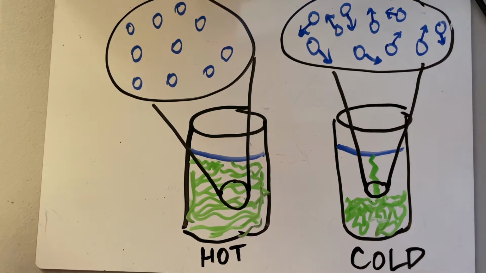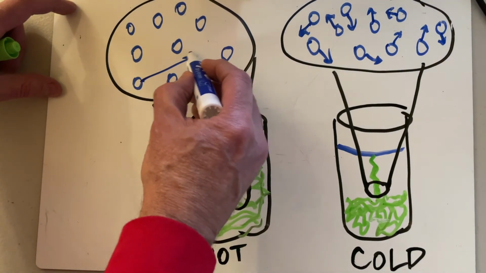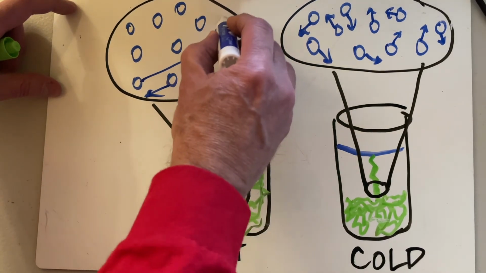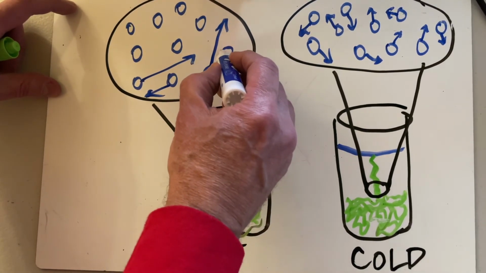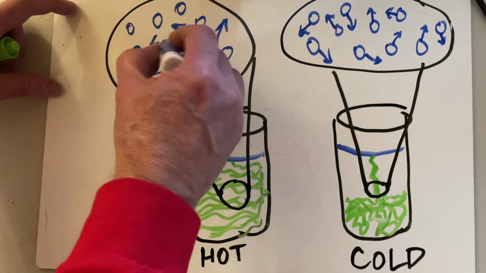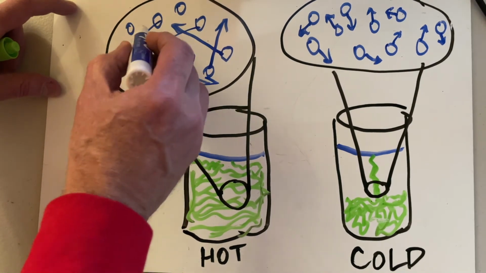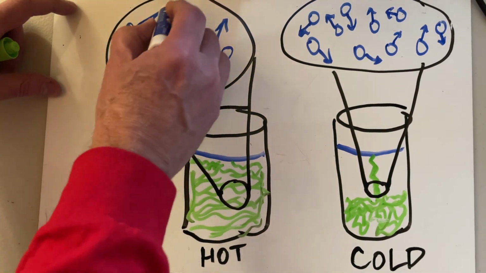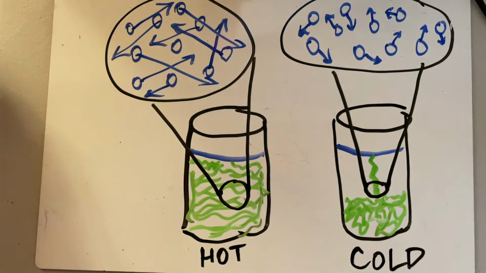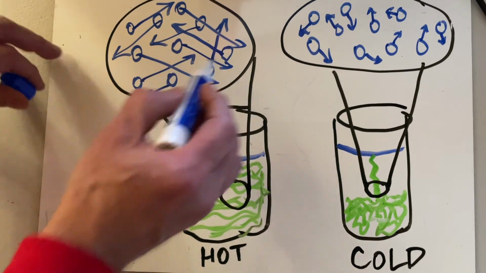And the hot water molecules are moving quickly, and long arrows mean fast movement. It's okay to have the lines crossing each other. Okay, there's my hot water molecules moving quickly.